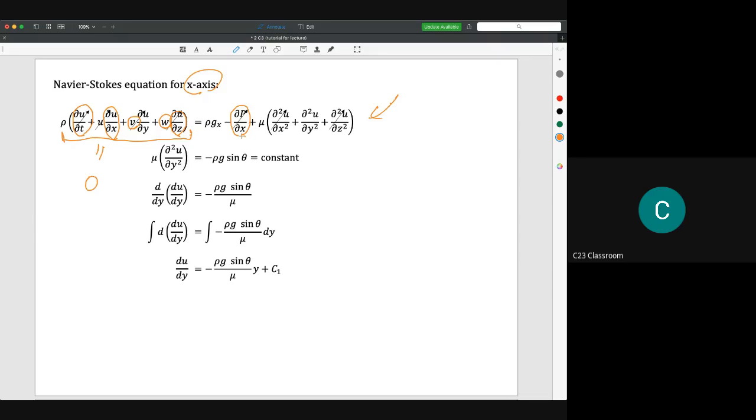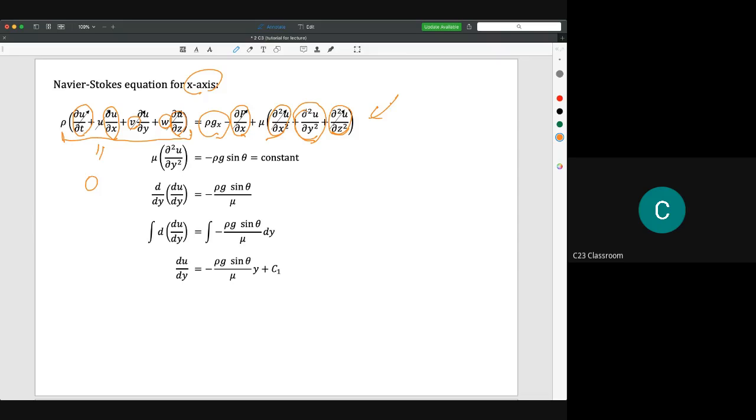Because it flows under gravitational force, we retain the gravity term. Again we assume du/dx is equal to 0 and du/dz is also neglected, so we remain with d square u over dy square. Then, simplifying, we have mu d square u over dy square equal to negative rho g sine theta.